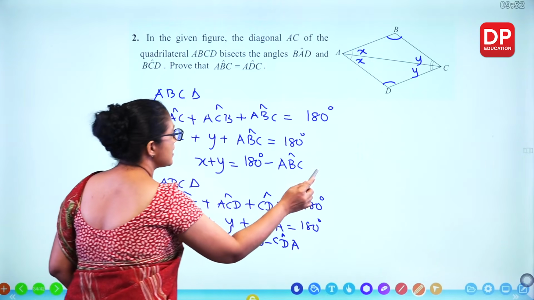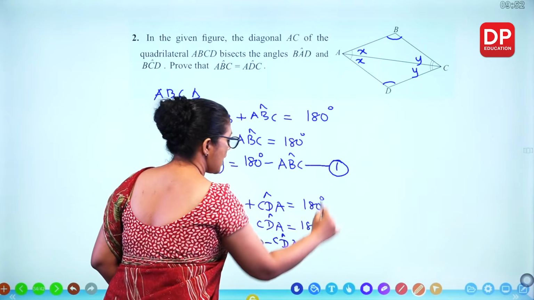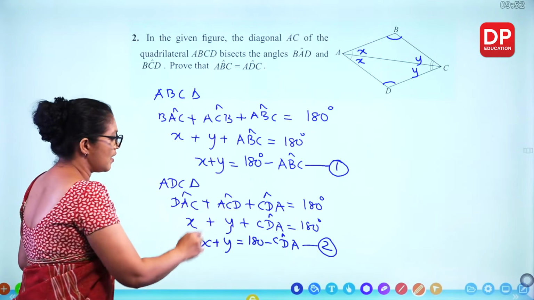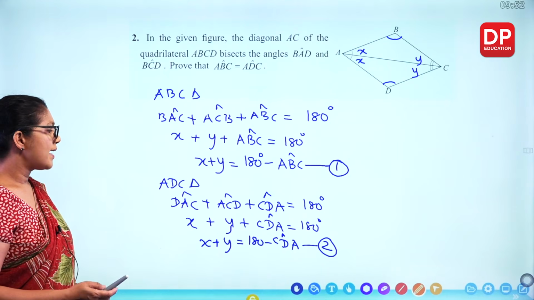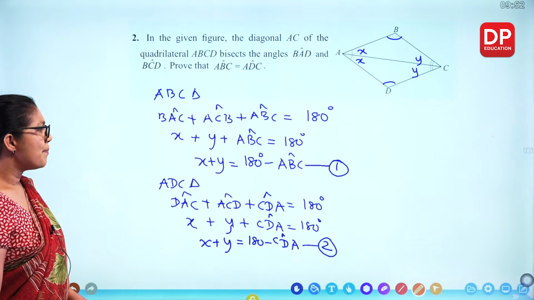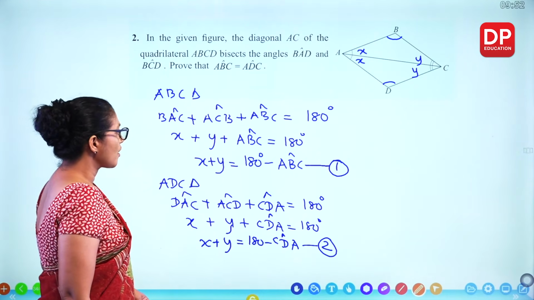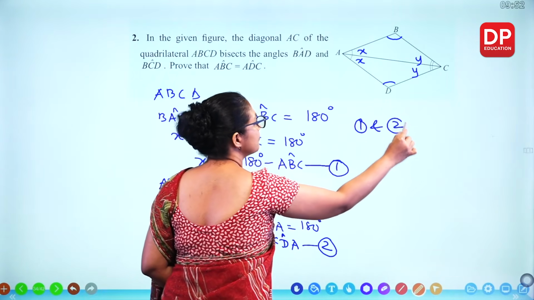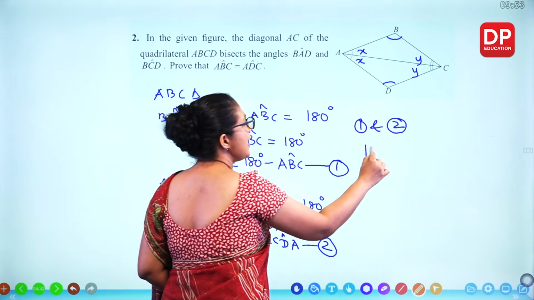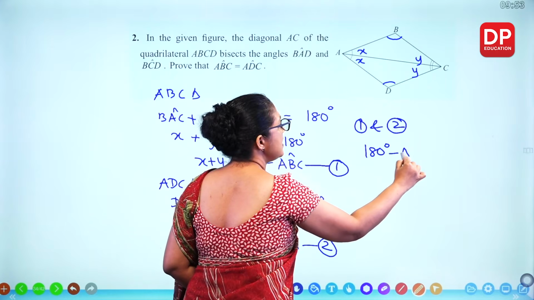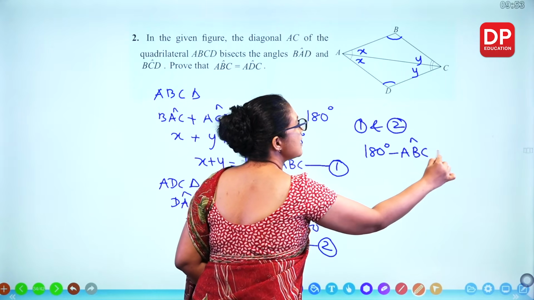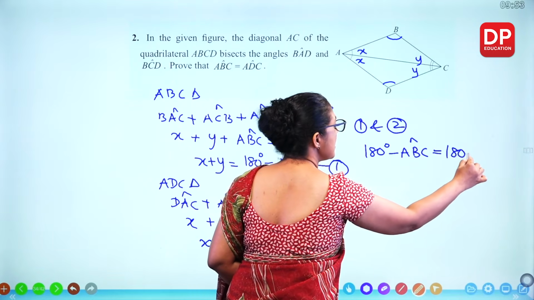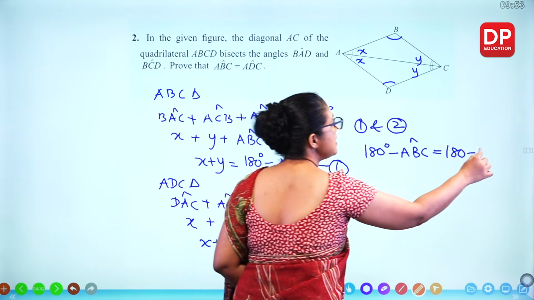Now when you look at this equation and this equation, both are X plus Y. So by comparing 1 and 2, I can write 180 minus ABC is the same as 180 minus CDA.